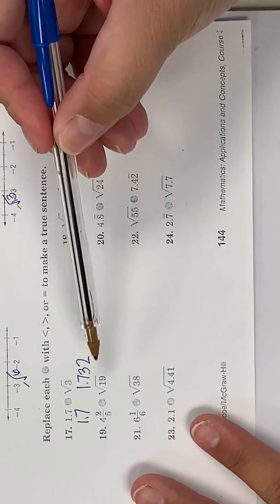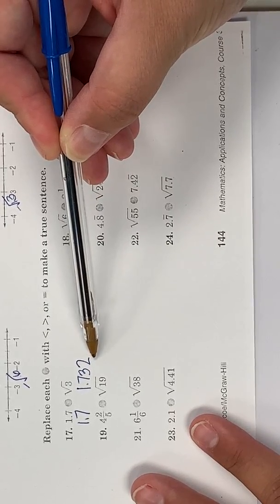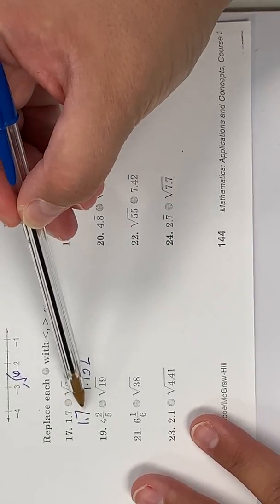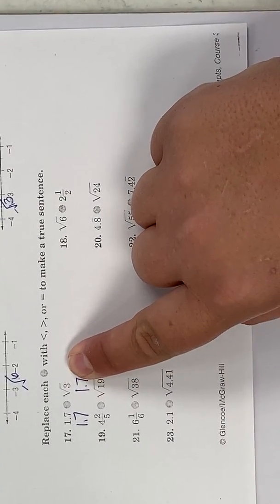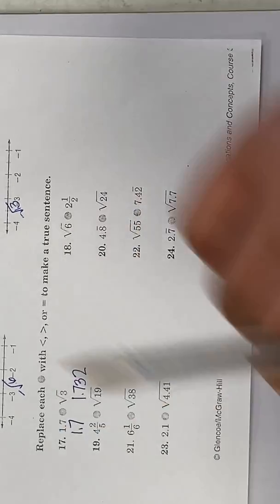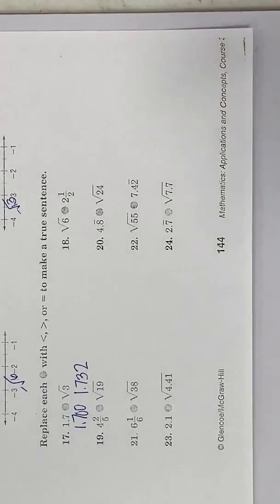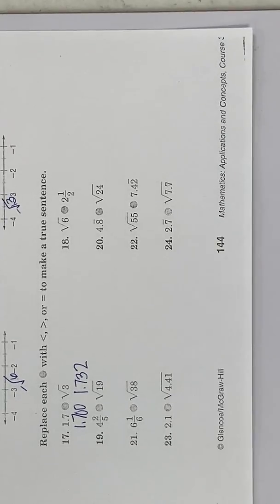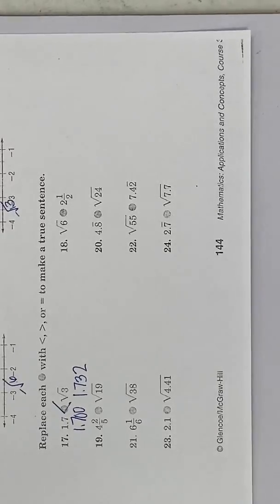I would always put 3 decimal places, because if I'm comparing and I don't put 3 and 2, they look like they're equal, but they're not. If I add zeros to this, which one's bigger, 700 or 732? 732. So square root of 3 is bigger.